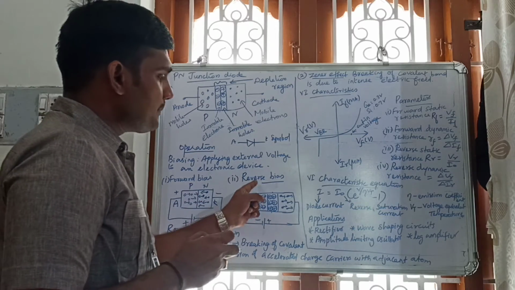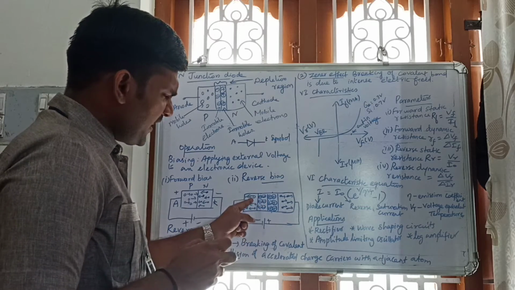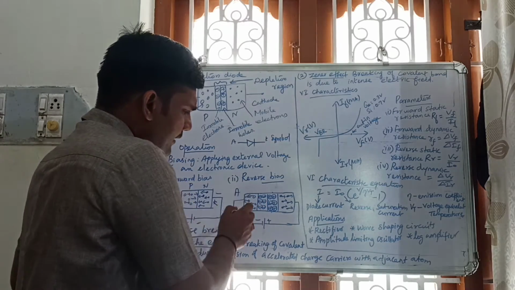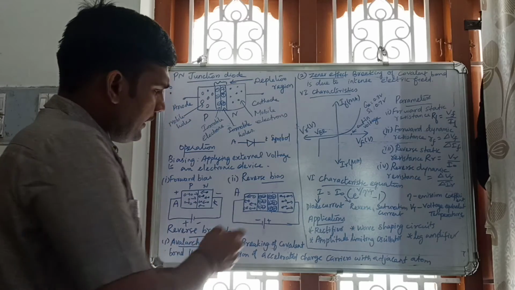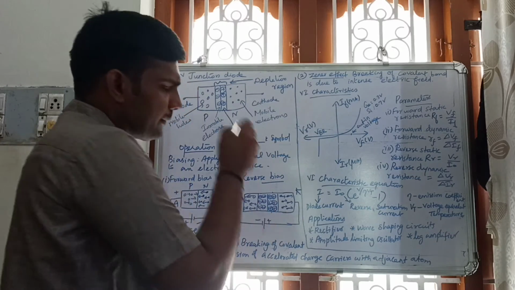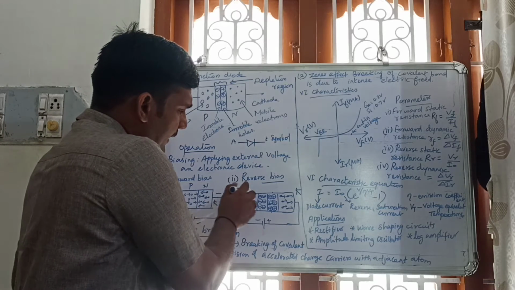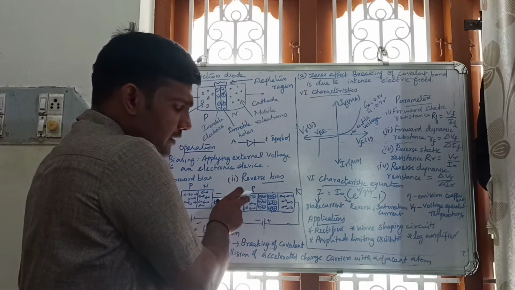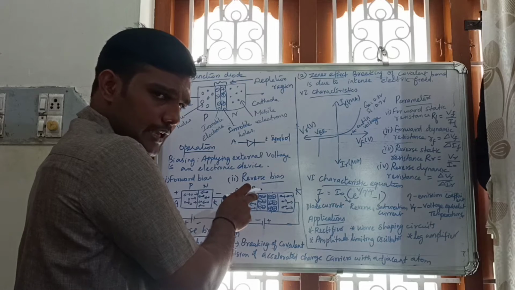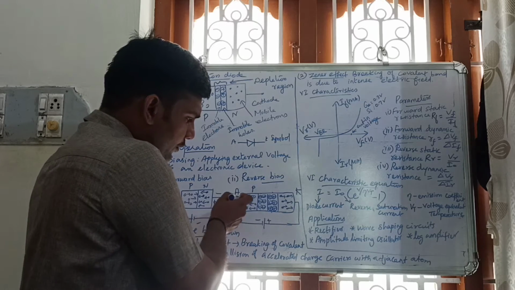And in reverse bias, anode is connected with the negative terminal of the battery, cathode is connected with the positive terminal of the battery. Here in P-type region, the majority carriers are holes. They are positive charge carriers. So positive and negative will attract.